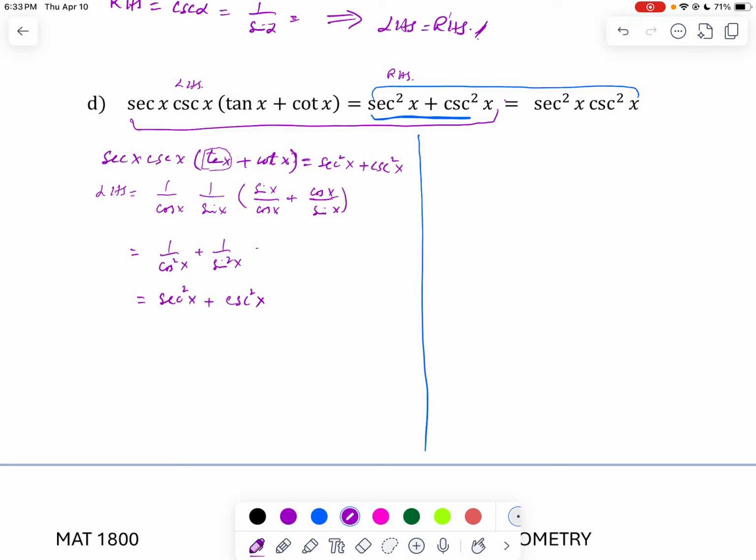Now, why didn't we go do the common denominator? Well, if I do the common denominator, it will not give me this form. But try to see that we get that form.